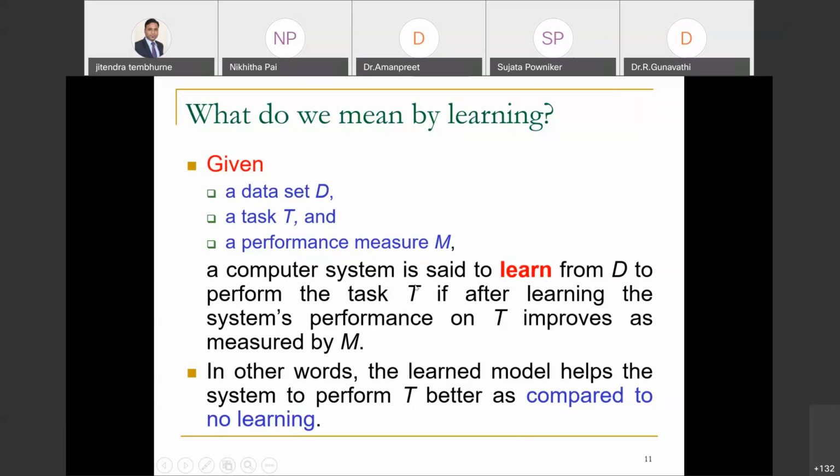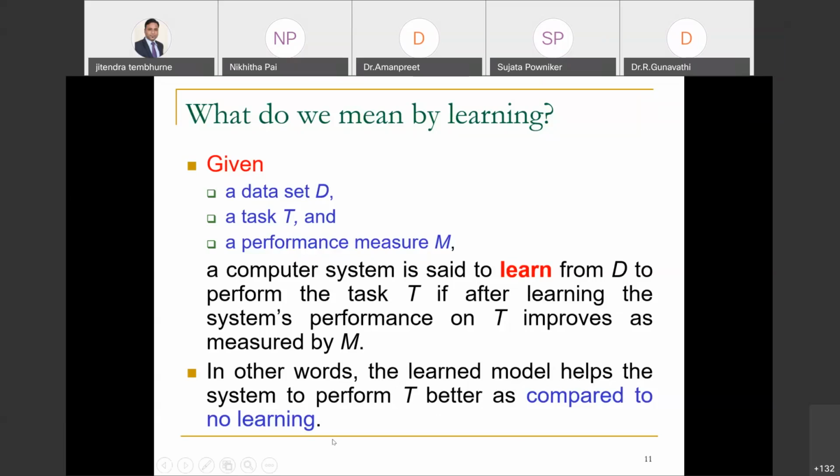So let's say the task is to categorize whether a loan application is approved or not. First of all, learning will take place on the data set. After that learning, I am going to check whether the new data is correctly classified or not. The learning model helps the system perform better as compared to no learning.